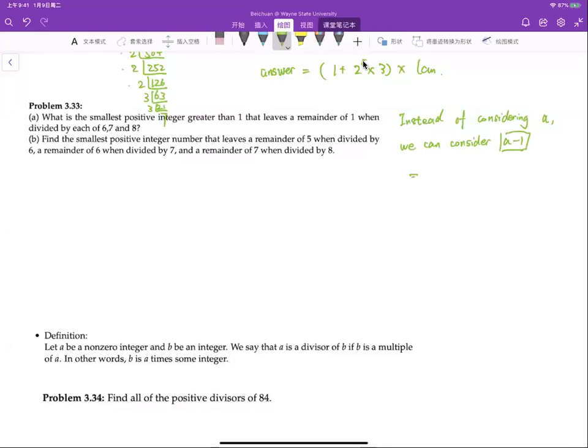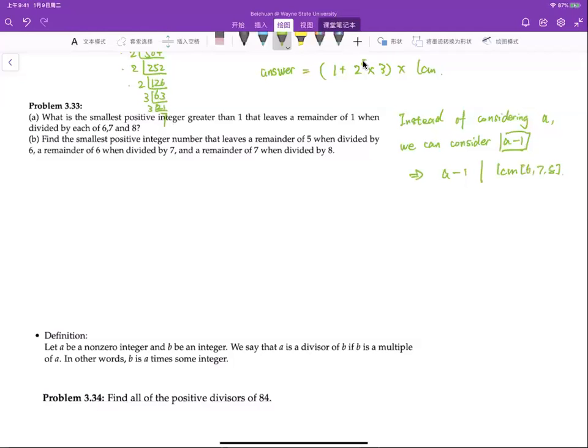So that means A minus 1 is divisible by the LCM of 6, 7, and 8, right? Because it's divisible by all of the 3 numbers. That's equivalent to saying it's divisible by the LCM of the 3 numbers.